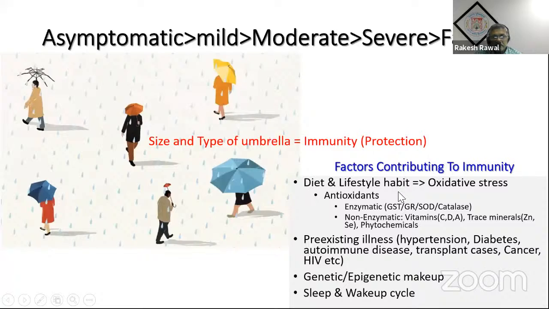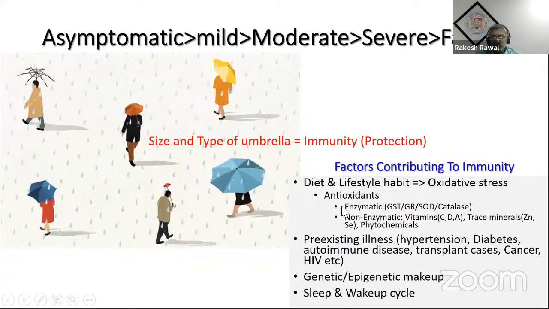The first one is diet and lifestyle habits, because this is something which we do regularly. Immunity cannot be developed overnight, right? Our diet and lifestyle will determine the oxidative stress inside the body, and the greater the oxidative stress, the greater the damage to our system. To combat that, what we require is antioxidants.